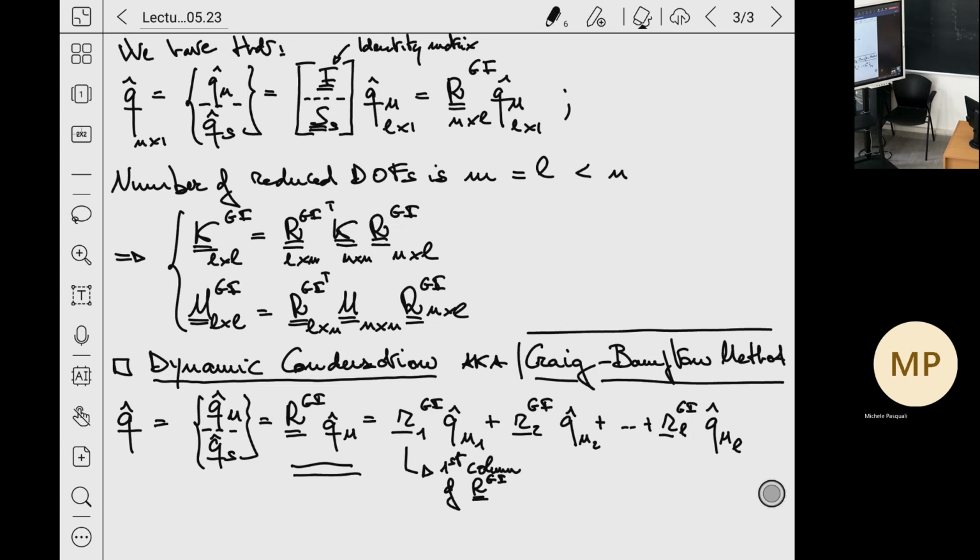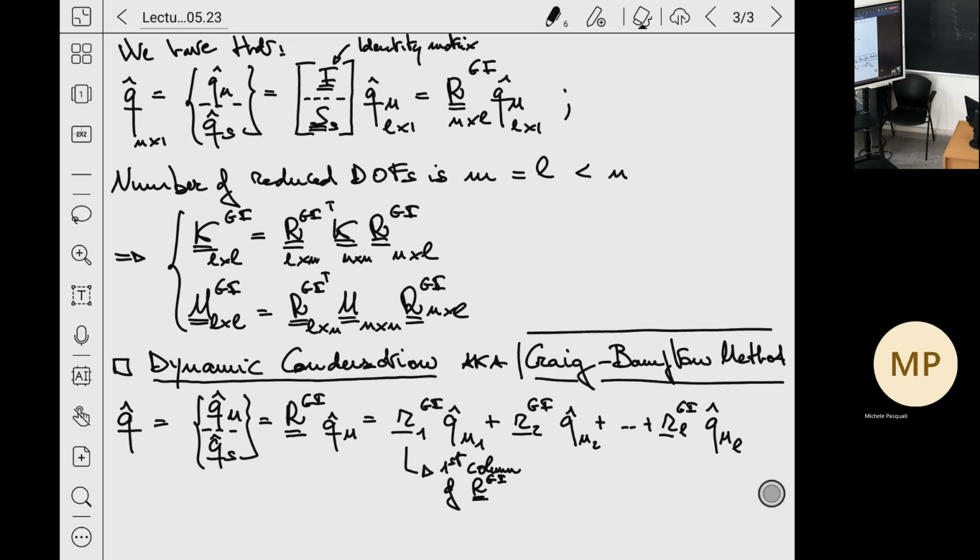So, in fact, if you think about it, it is as if the qm, the master coordinates, are what we thought of as q, the reduced elastic coordinates, which in theory should be infinite, but now they are reduced. And our r vector here, the small letter r, is basically our vector of shape functions, in this analogy.